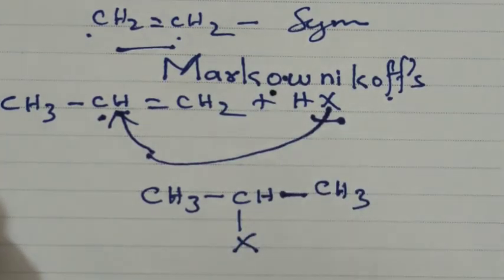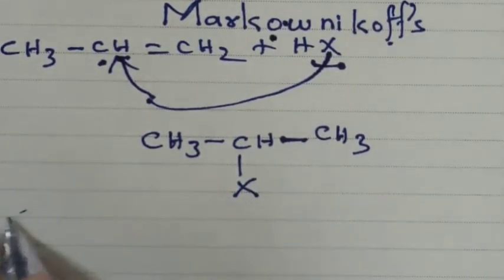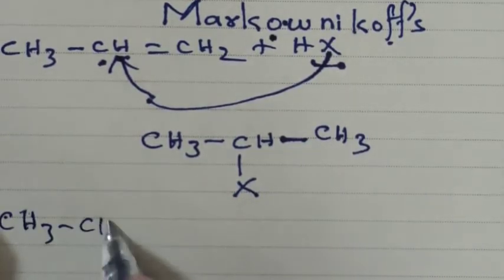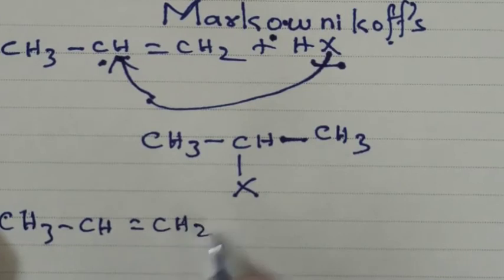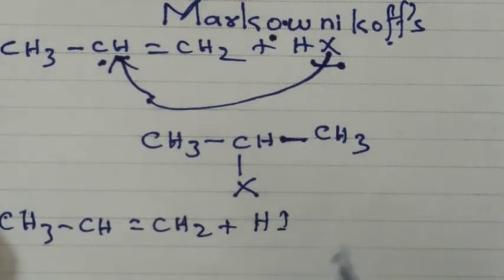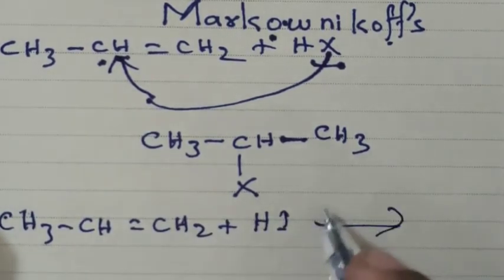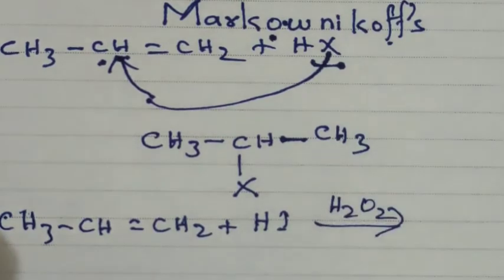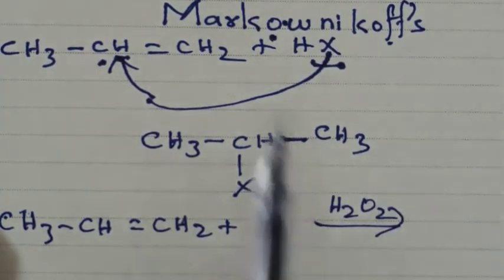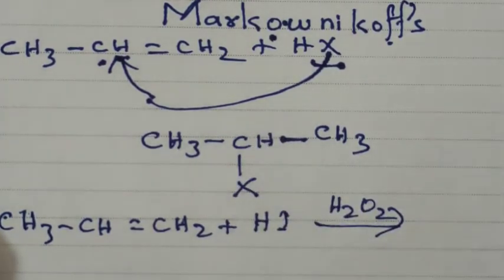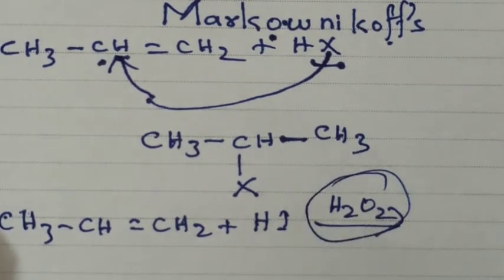Suppose the same reaction, CH3 CH double bond CH2 reacts with HI in the presence of any peroxide, hydrogen peroxide, the reaction becomes just the reverse of the Markovnikov addition. So, in the presence of peroxide, the addition follows anti-Markovnikov rule.